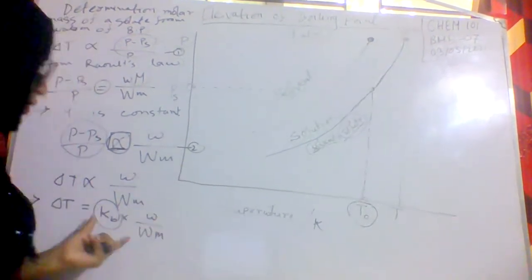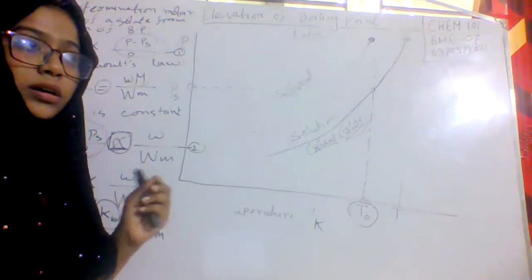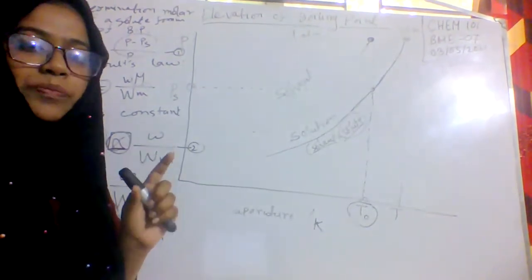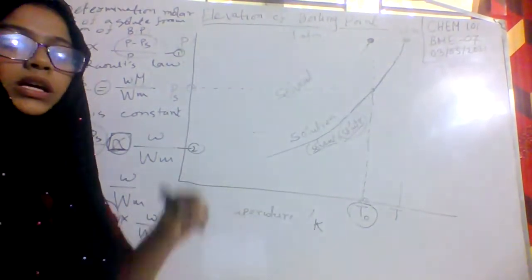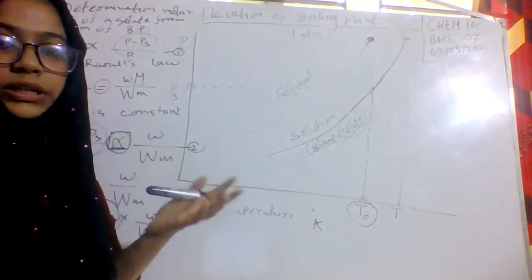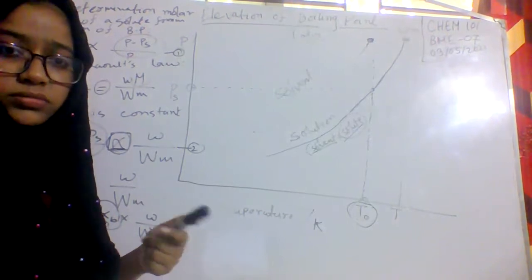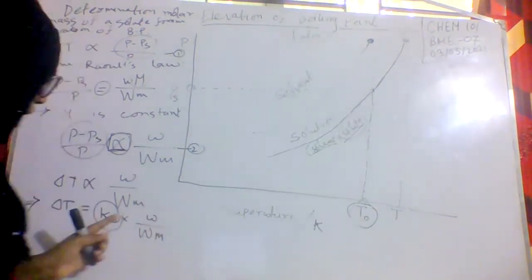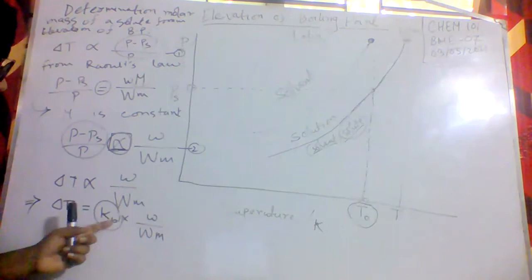It can be called by three names: boiling point constant, ebullioscopic constant, or molar elevation constant. So how can you define this one, Kb?